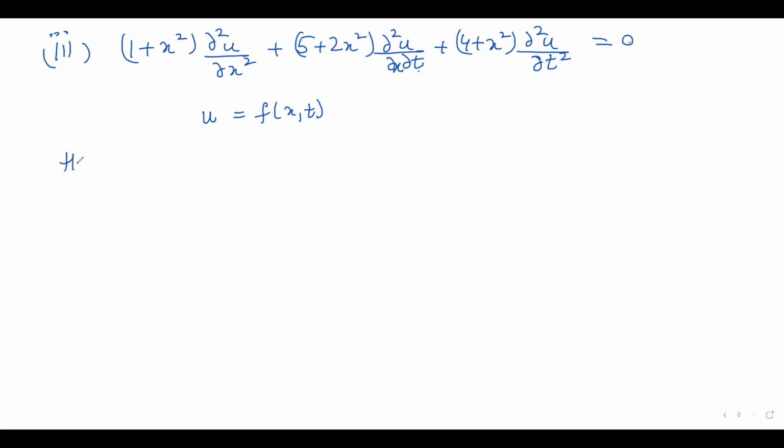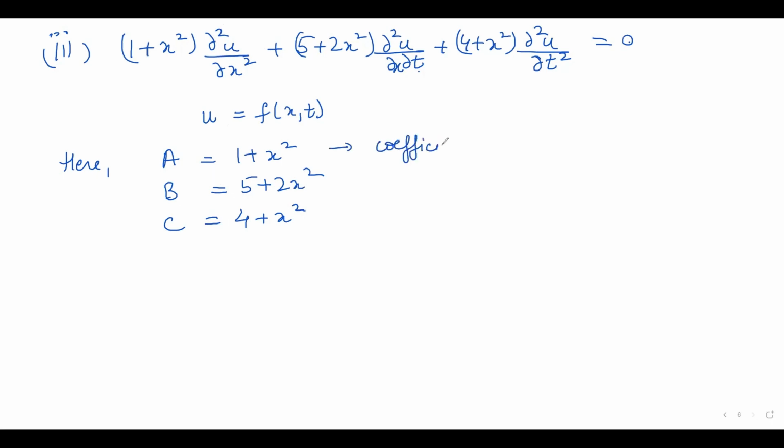Now, here A is the coefficient of this. So that's 1 plus x square. B is 5 plus 2x square. C is 4 plus x square. So I'll just write here, this is the coefficient of del square u upon del x square.